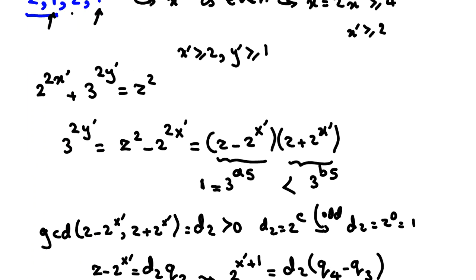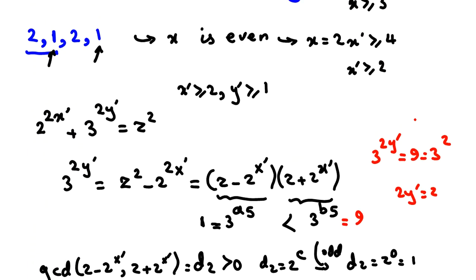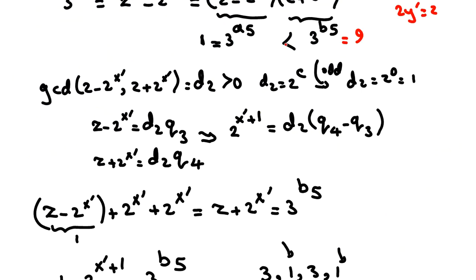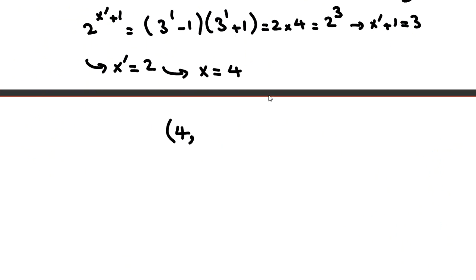So because b5 is 2, let me write with red, b5 is 2, so it will be 9. So 9 times 1, 9. 3 to the 2y prime equals 9, which is 3 to the 2. So 2y prime is 2. We said y is what? We said y is 2y prime here. So 2y prime is 2. So y is 2. And now let's find z.